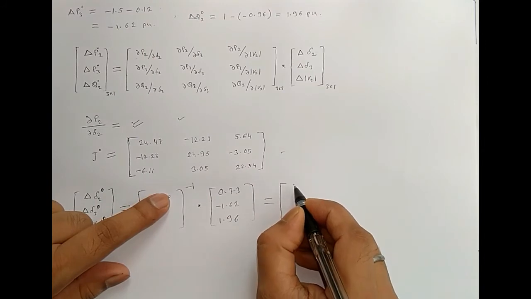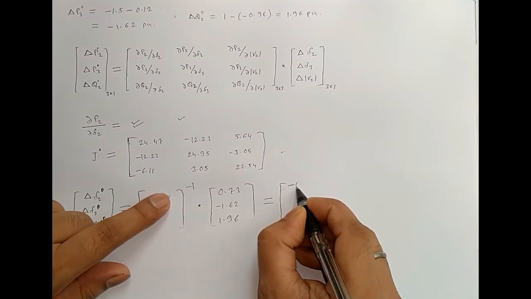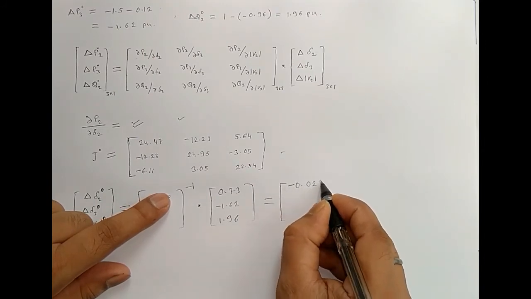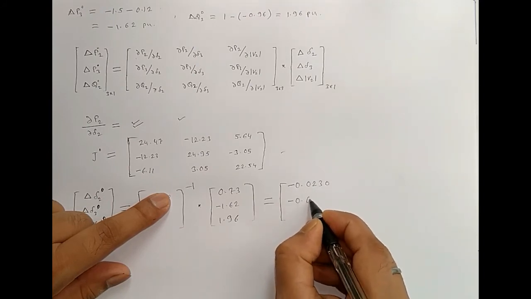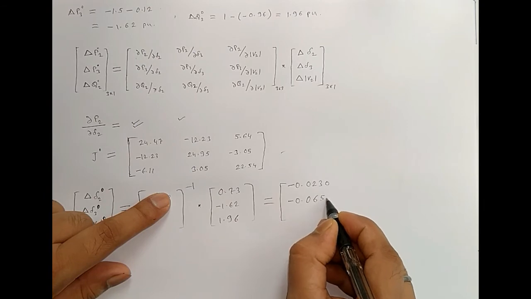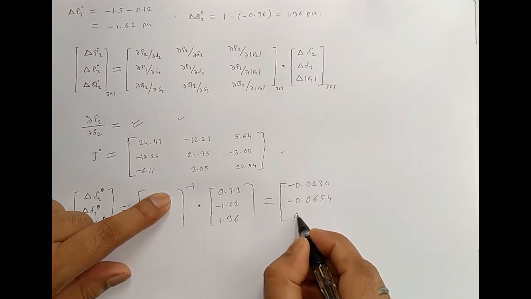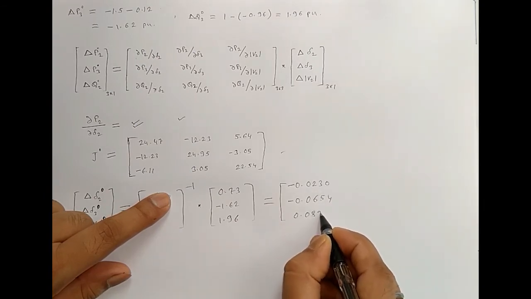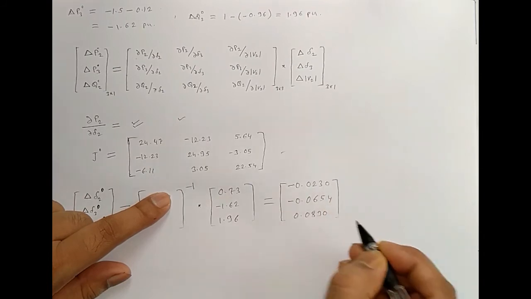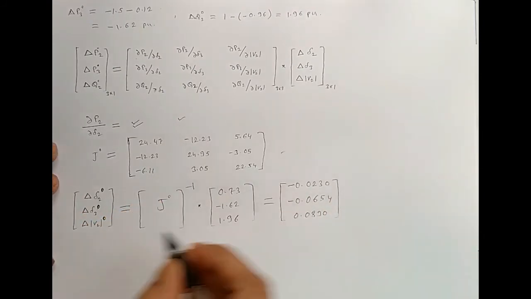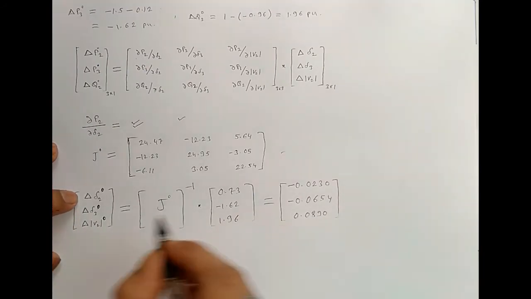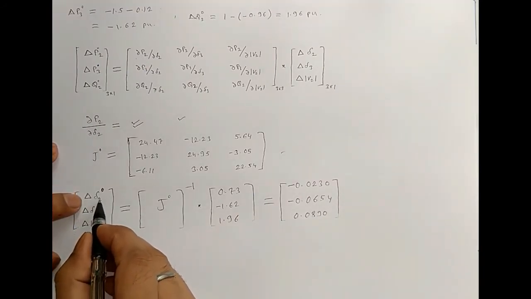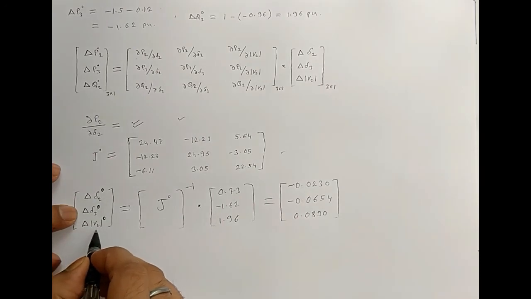values, which will be minus 0.0230, minus 0.0654, and 0.0890. So now we have calculated the delta 20 and all these things.